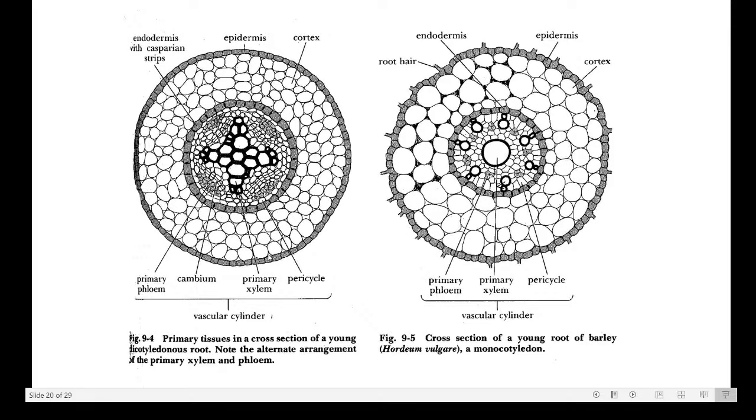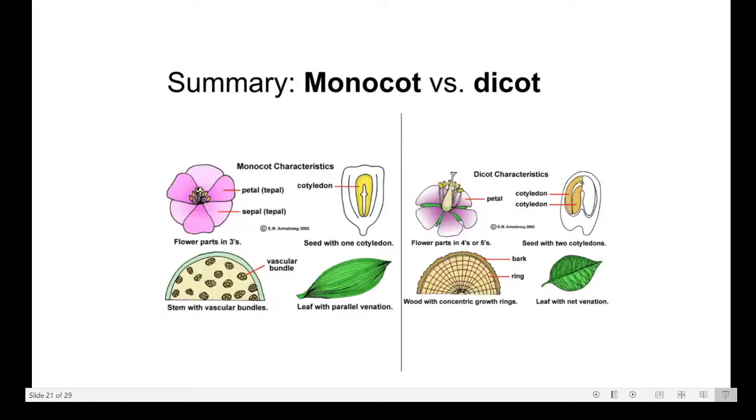Here you can see the primary tissues. Whenever you start a macroscopical and histopathological study, you have to understand the cross-cut image or stained image. Then only can you understand whether it is monocot or dicot.